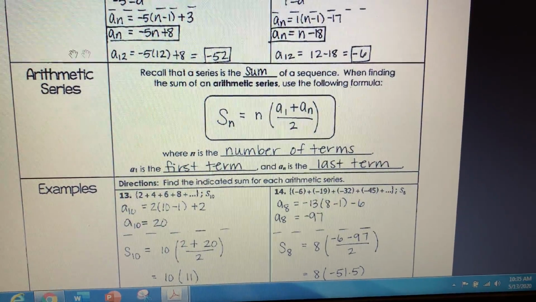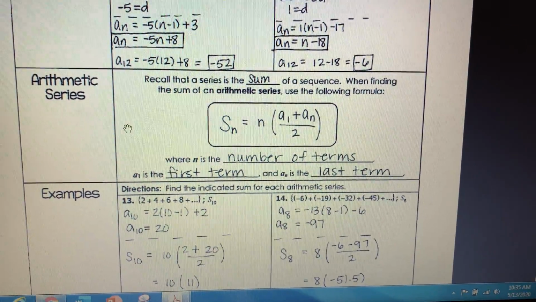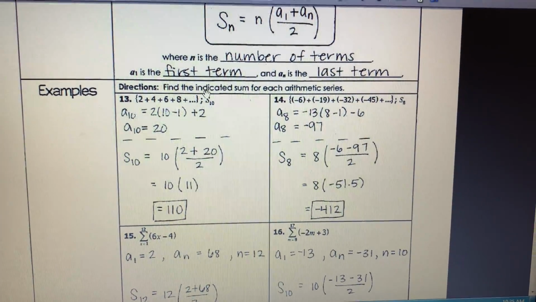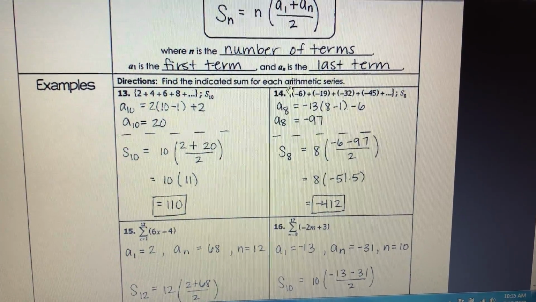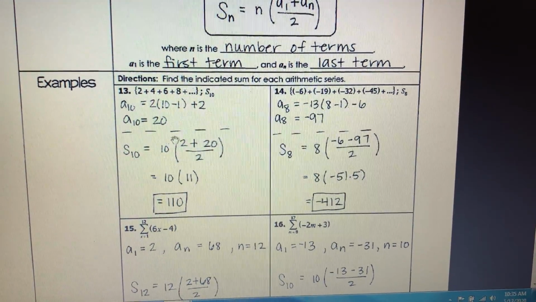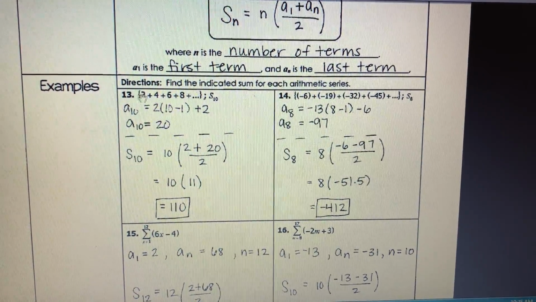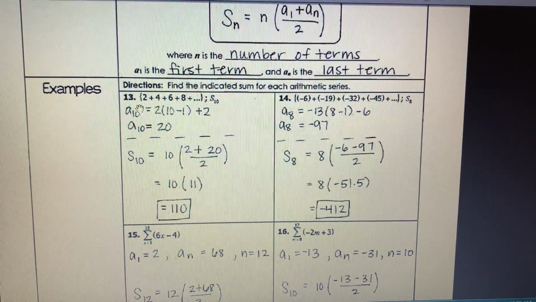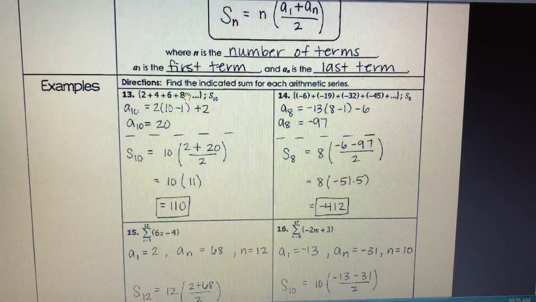And so you need to pay attention to whether it's a sequence or a series. Let's look at an example. Directions: find the indicated sum for the arithmetic series, not sequence, series. Here are the terms. So it goes 2, 4, 6, 8.